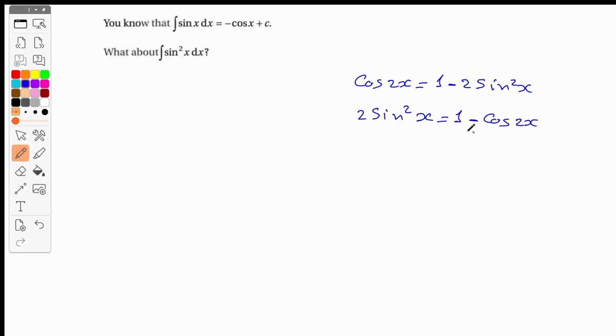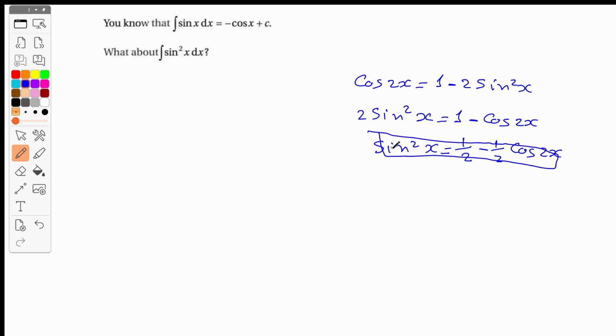Then divide all by 2 to get rid of this 2. So sine squared x equals a half minus one half cosine 2x. This is what we need.